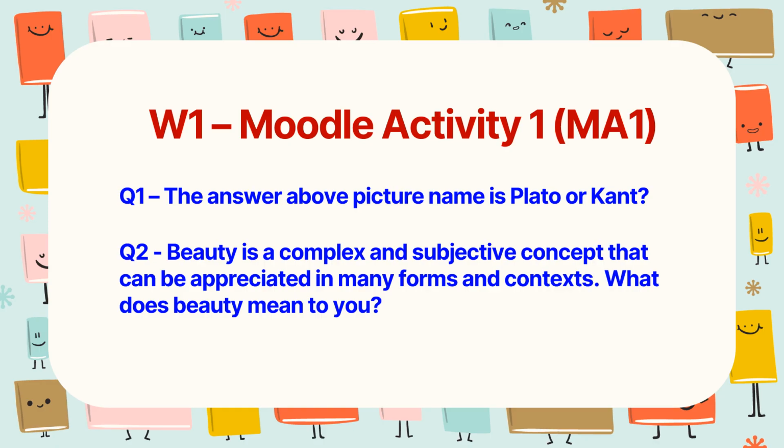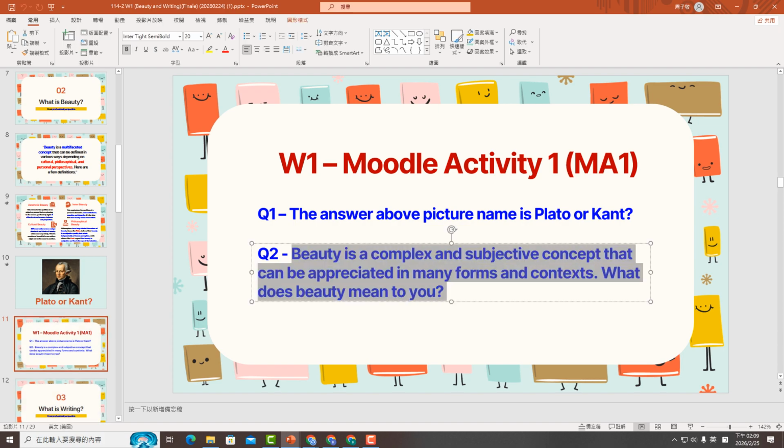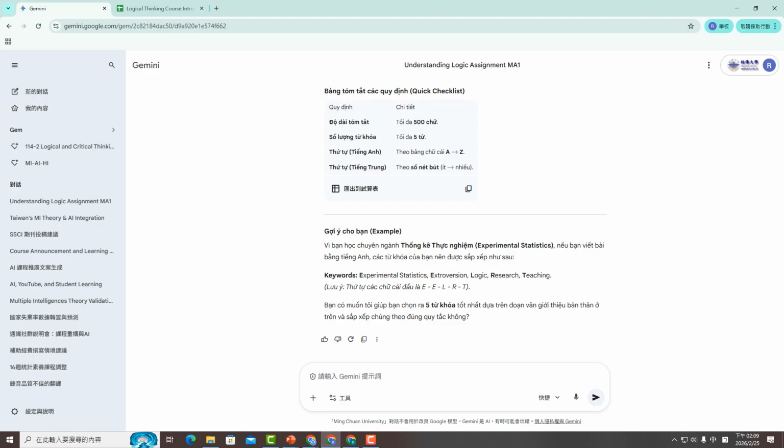Have I told you about Gemini? You can do it this way: copy and put it in Gemini and ask it. But when you turn in an assignment, you have to answer from your own perspective.